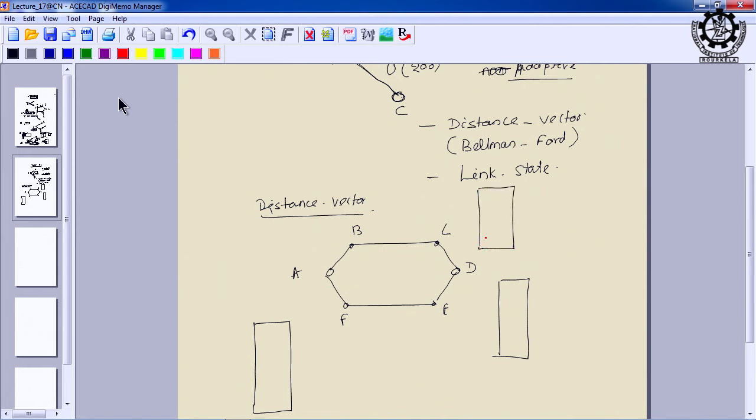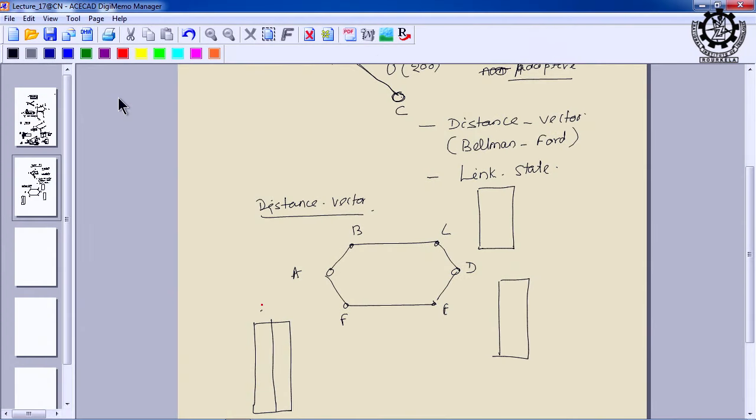So, every node has its own routing table, and this routing table contains, other than other information, two major pieces of information. It contains the path to every destination in the subnet.